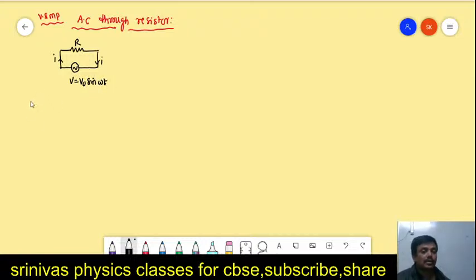The AC source voltage we write as V, and the voltage across the resistance we write as V suffix R. AC is applied to the resistor. Now we can write from the figure.